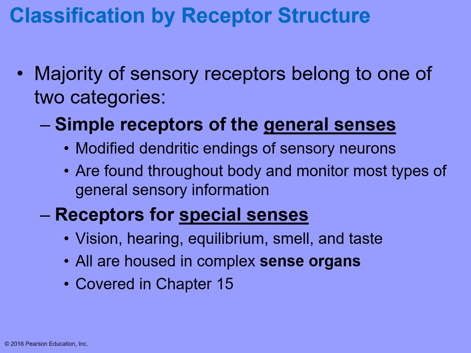And those are going to be, as it says, housed in complex sense organs. So your receptors for vision are going to be in your eye, in the retina. The receptors for hearing are in the inner ear. Equilibrium's in the inner ear. Smell is going to be in the nasal cavity, and taste is going to be in the taste buds, mostly associated with your tongue. We have a special chapter that we will discuss that.